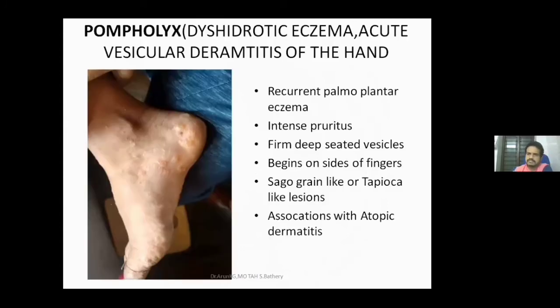Then pompholyx, palmoplantar eczema, is also very rarely seen in our OPDs. This is dyshidrotic eczema, acute vesicular dermatitis of the hand, and there will be severe itching also. So intense pruritus, firm deep-seated vesicles. So sago grain or tapioca-like lesions will be there, and in some cases it is associated with atopic dermatitis also. Most of the time, if the complaints are severe, Visha-like medicines also may be required.